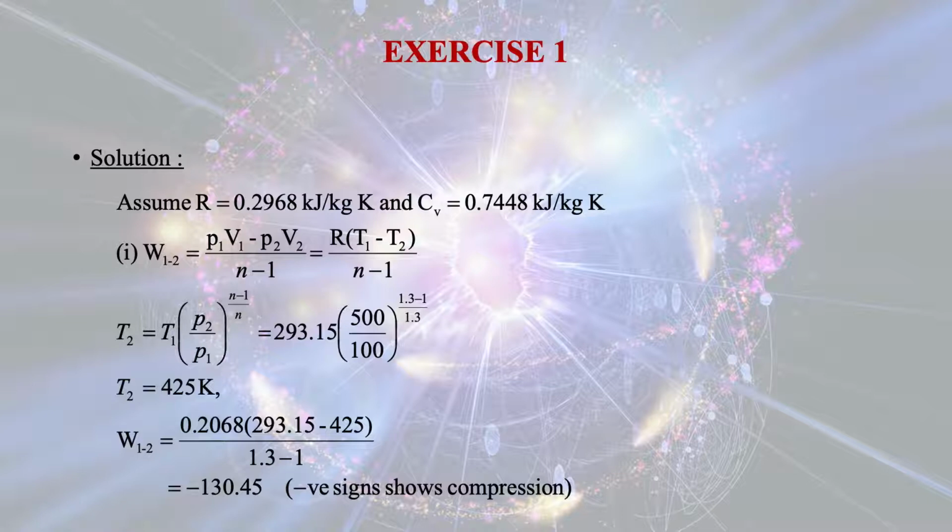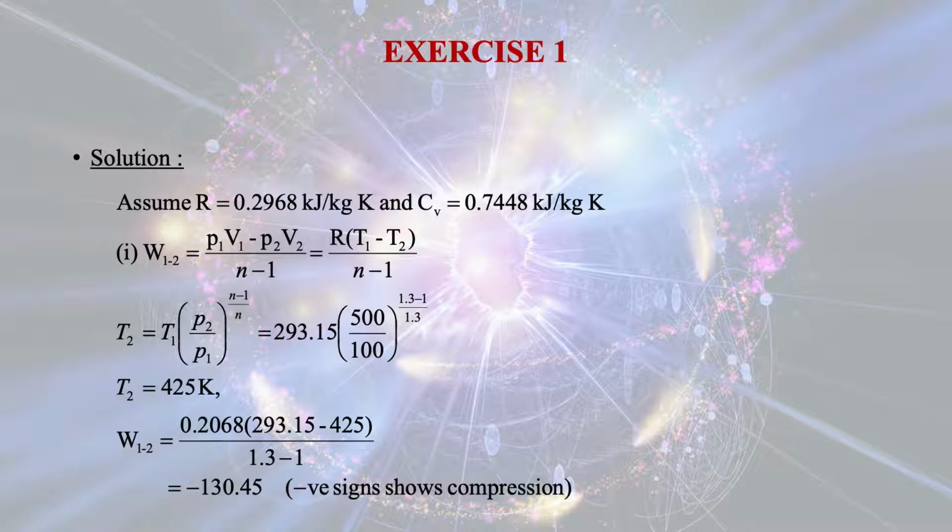So 20 degree centigrade you have to convert to the Kelvin scale, which comes out to be 293.15 Kelvin. Just put the values, and you will get the final temperature T2 equal to 425 K.